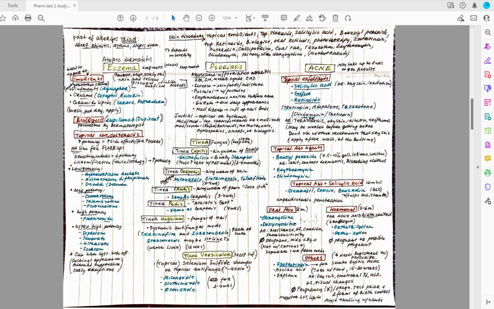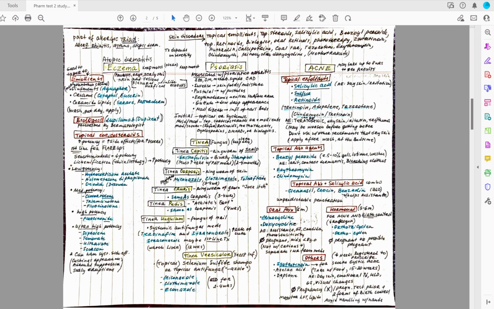We are moving on to psoriasis. Psoriasis, again, is another dry condition. You have to keep it moist. Eczema and psoriasis, you have to keep moist. It is associated with psoriatic arthritis.